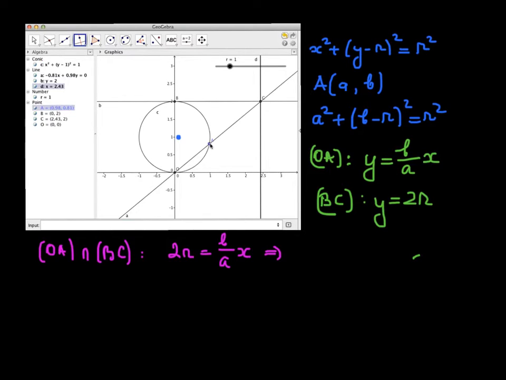Therefore, the x is 2ar over b. y is, of course, 2r. So we have the point C of coordinates (2ar over b, 2r). Next, let's see how we move towards point P.